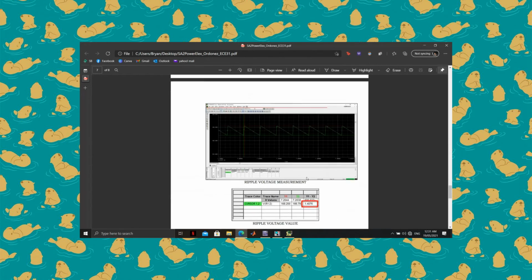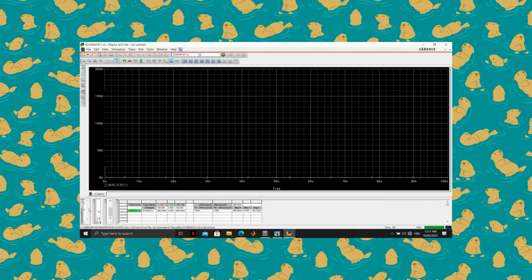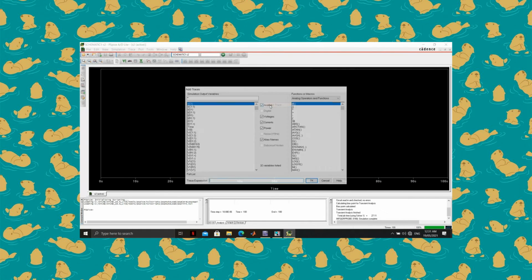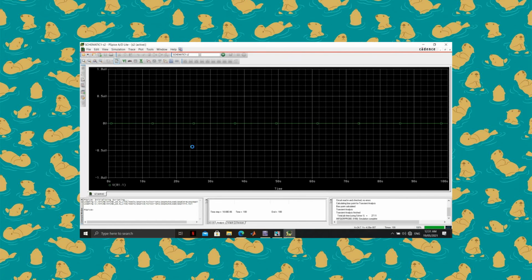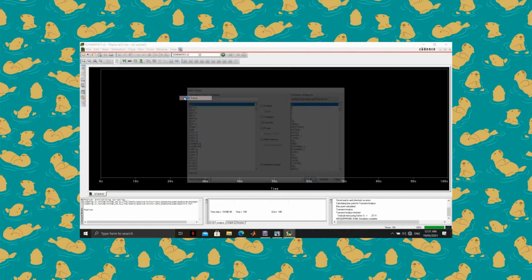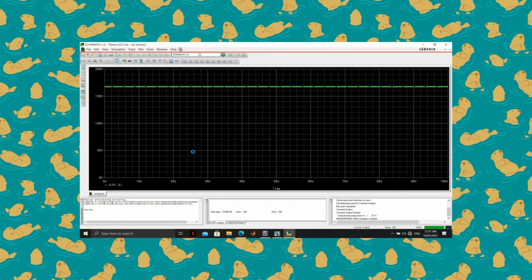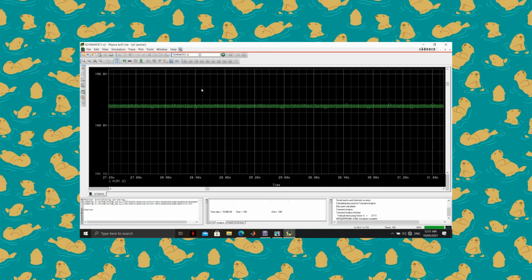Next, we should check the ripple voltage. The ripple voltage can be checked by looking at the R12 trace. Since it is observed to be steady, let's zoom in anywhere.